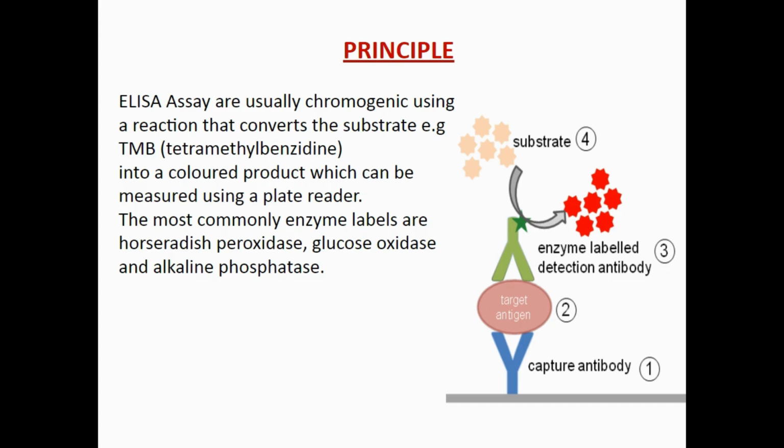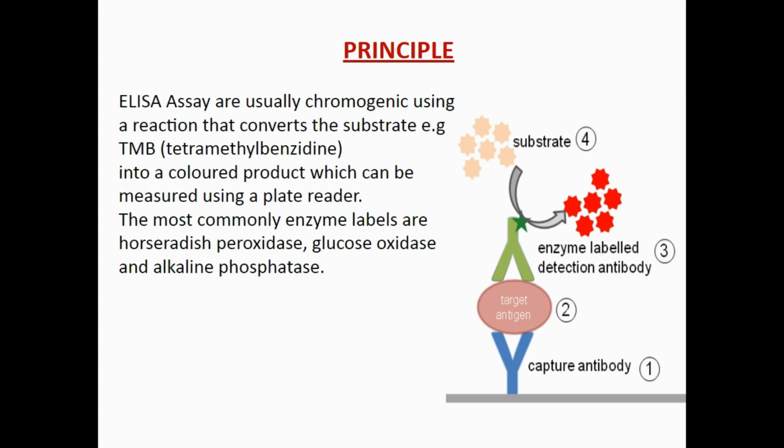The most commonly used enzyme labels in ELISA are horseradish peroxidase, glucose oxidase, and alkaline phosphatase. These are the enzymes linked with the detection antibodies, and the substrate we use in ELISA is TMB, or tetramethylbenzidine.